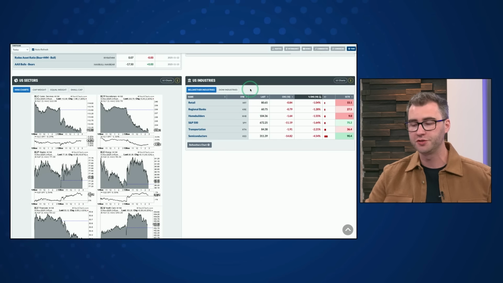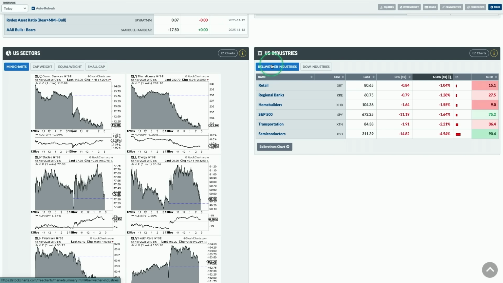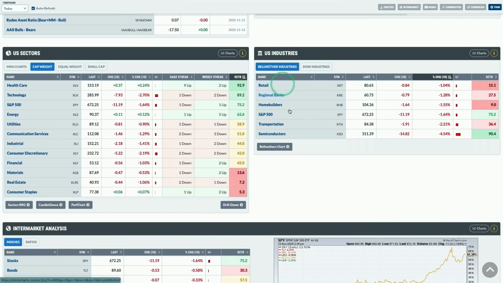You can also use the U.S. industries, specifically the bellwether tab, to think about the personality of this market. Again, these are all leading industries, a little bit more offensive, growthy, bullish industries when they're leading. So if these are lagging the S&P 500, again, use that little scooter trick. You can see where they're sitting relative to the S&P 500 itself.